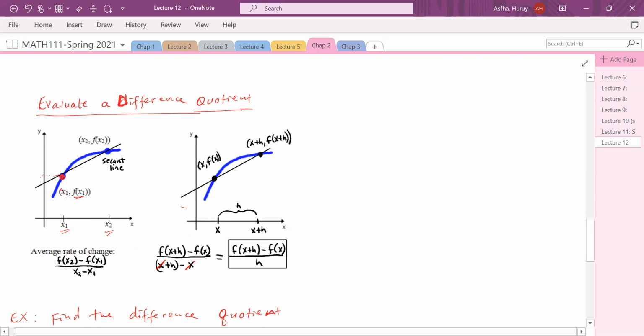This y value. And the x value is x1. And the second point is f evaluated at x equals x2. So the x coordinate is x2, and the y coordinate is f of x2. So the point is given by x2 comma f of x2.